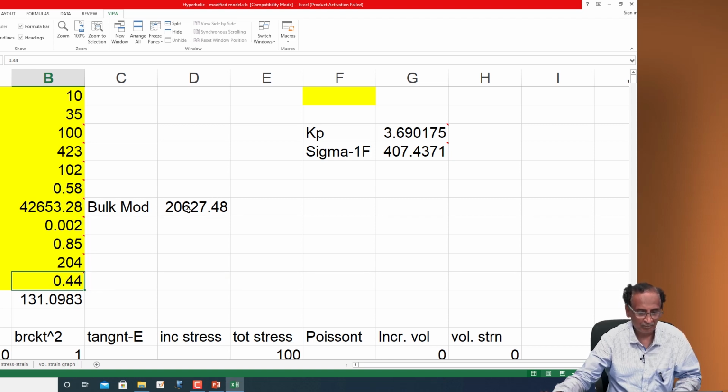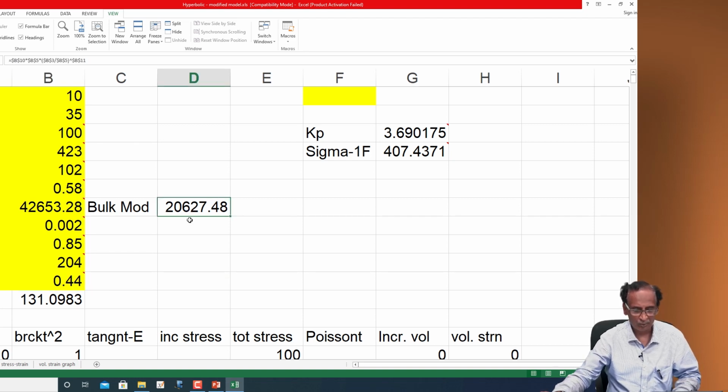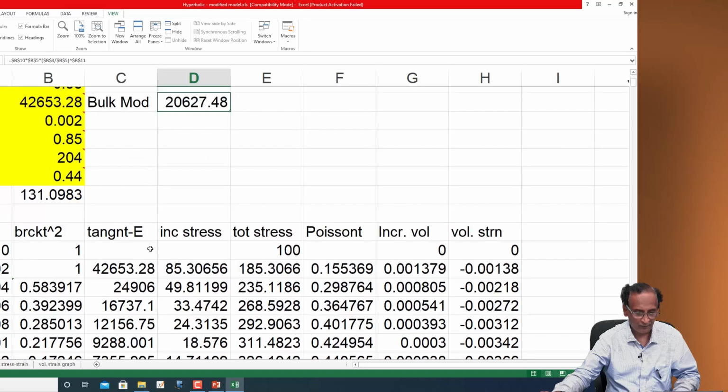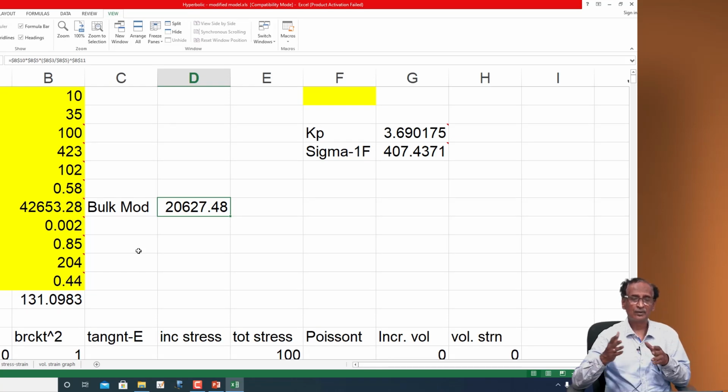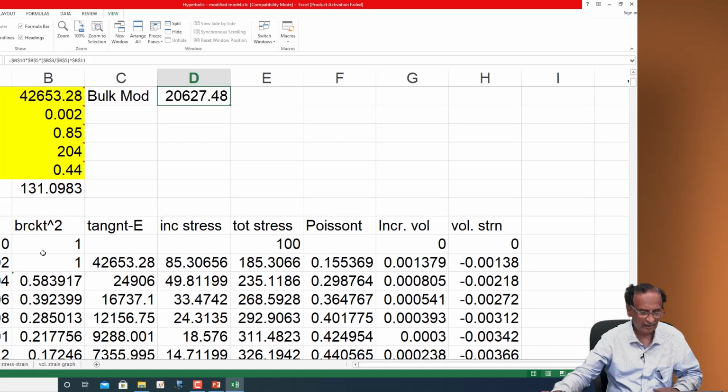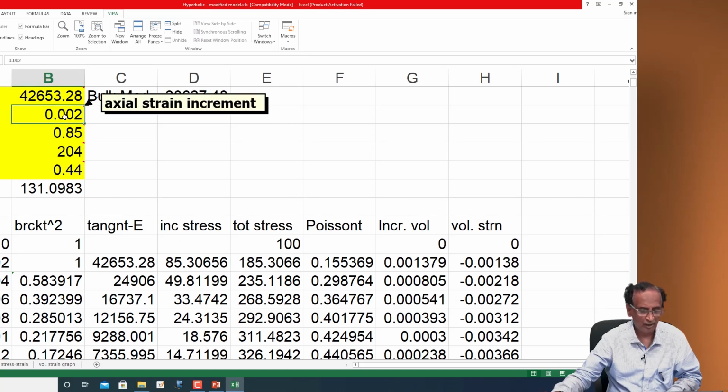And then the bulk modulus is 20,727, that will remain constant all through, and we can perform the triaxial compression test in the same manner as what we had done in the case of the bilinear elastic model. At each stage we calculate the tangent Young's modulus, and then the incremental stress is the incremental strain 0.002 multiplied by this tangent modulus.